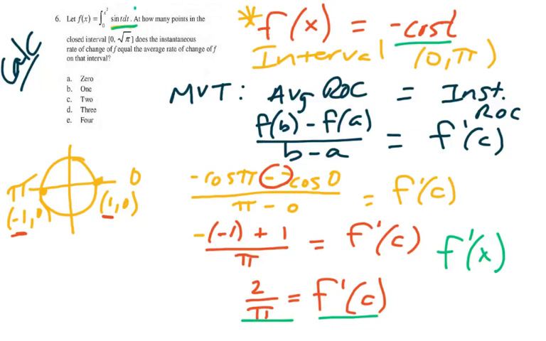That's what actually showed up in my original integral statement, right? That original integral statement, that function is my f prime. So I pretty much need to know where the sine function is equal to 2 over pi. How many times does that happen?